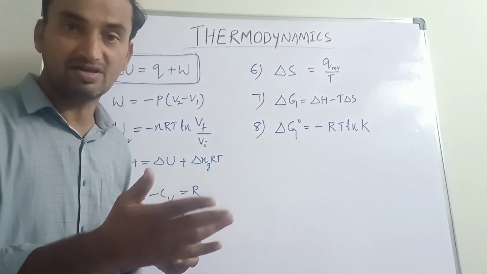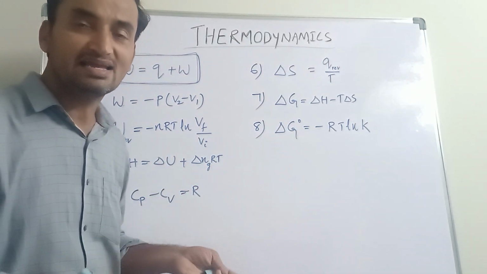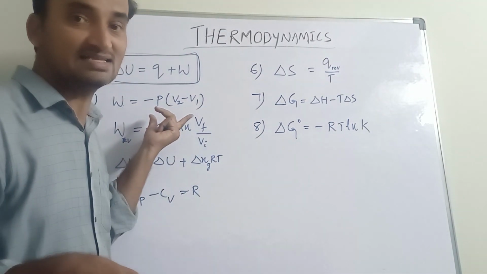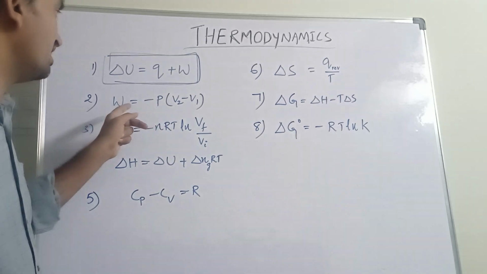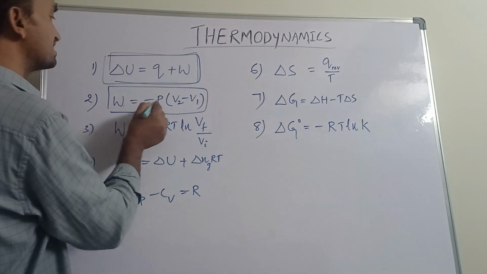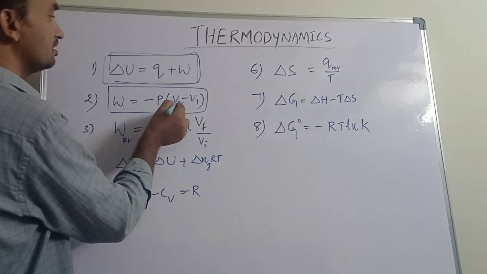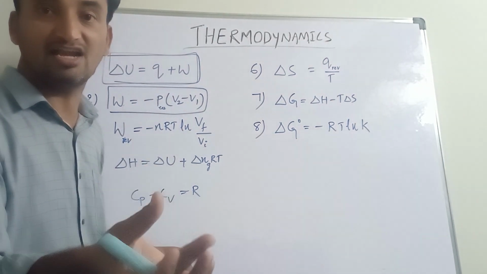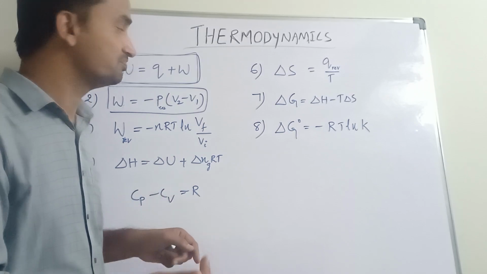In expansion, volume will be increased. In any case, work done on gases can be given by the formula W equals minus P external into (V2 minus V1). That is nothing but minus P delta V, change in volume, final volume minus initial volume.